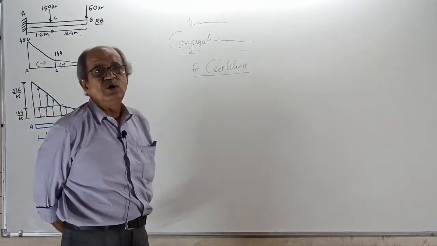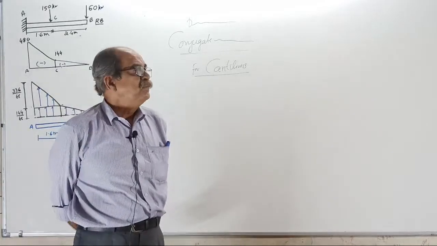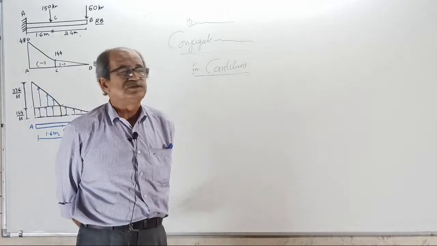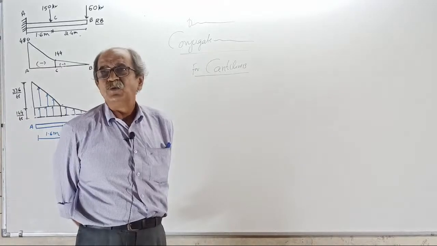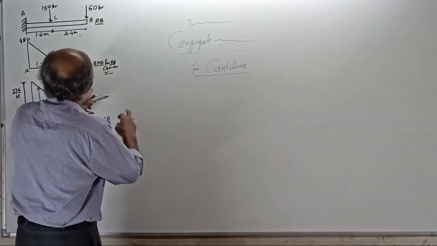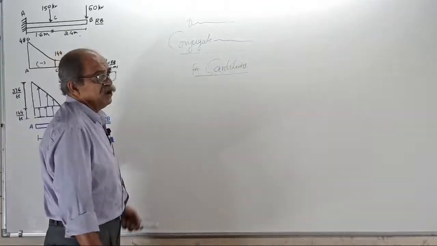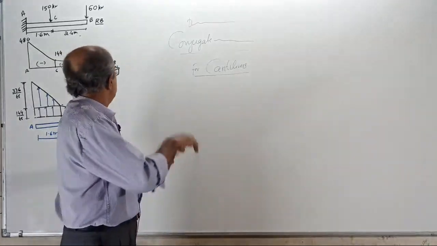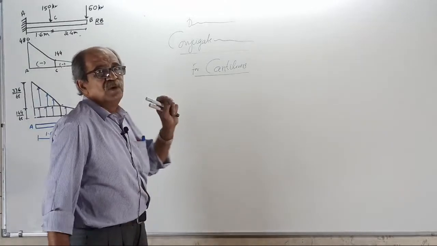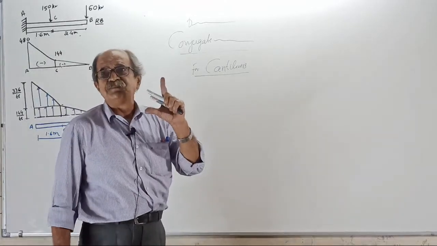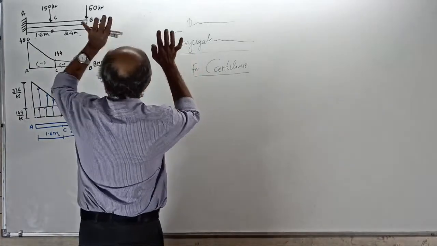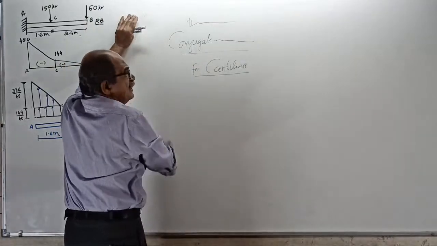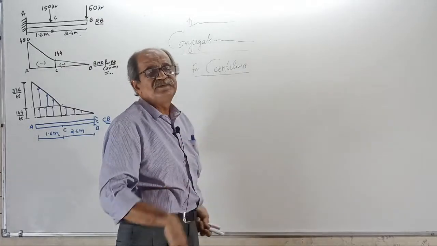I will not solve too many questions. See, moment area method for cantilever, I solved plenty of questions. Now, when I solve two questions here on cantilever by conjugate beam method, suddenly you will realize that everything you write in the calculation part for conjugate beam method for cantilever is exactly the same as before.